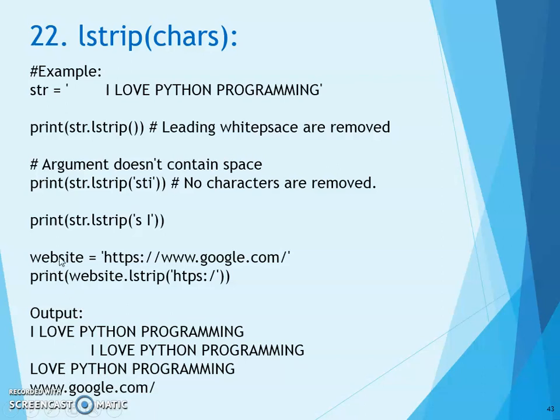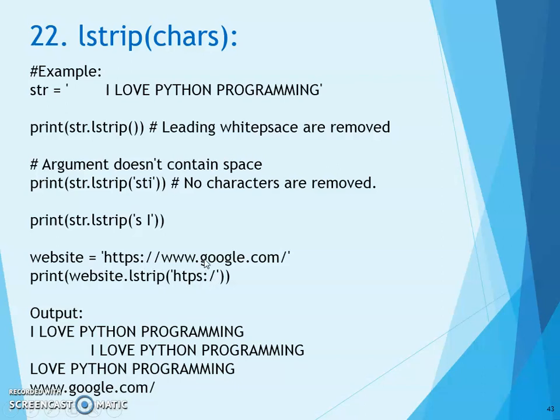The next example is where we store a new string in a variable website. So we want to lstrip. Now just check the characters we are providing: H, then T, which comes two times here, then P, S, colon and slash.